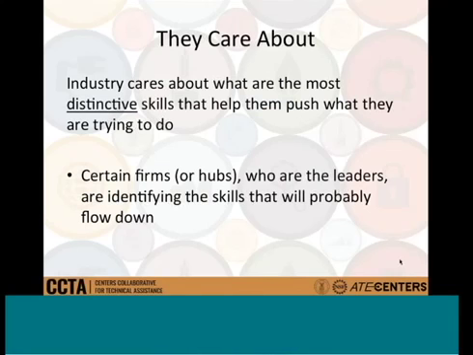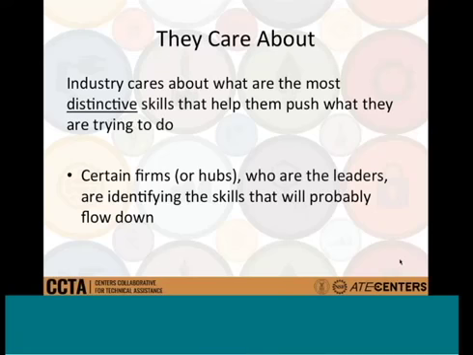He said, give me a name of somebody in the Phoenix area that you think is a leader in advanced manufacturing. I said, well, Boeing has a manufacturing thing here, a helicopter place. He said, see, that's what we're talking about. Boeing is really a leader in advanced manufacturing technology. What they're doing today is likely to trickle down into other aerospace firms. So you can gain some insight by specifically focusing on leaders or groups of leaders.